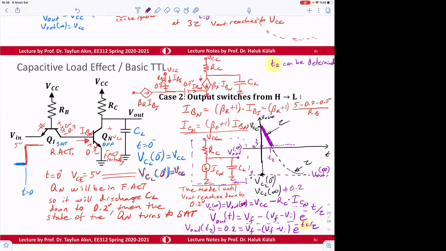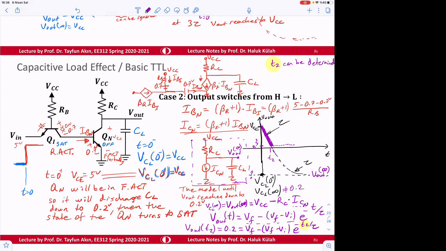I guess that's it. In last year's exam questions, there are many examples about how to determine that T2. Sometimes for simplicity, we say take that voltage not as 0.2, but as 0.